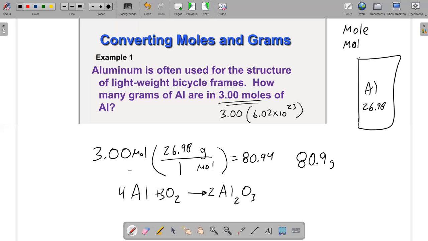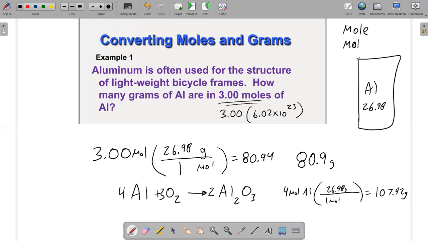Anyway, if you wanted 4 moles of aluminum, it would be bigger than 80.94. I'll just show you that real quick. If it was 4 moles of aluminum, 4 times 26.98, 107.